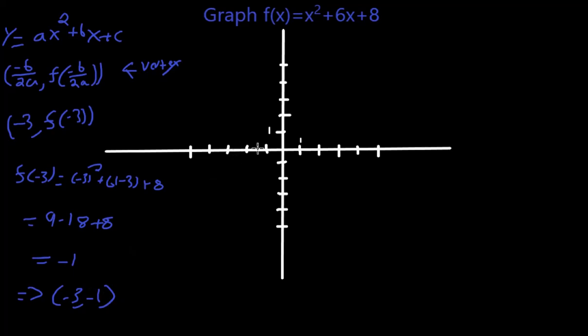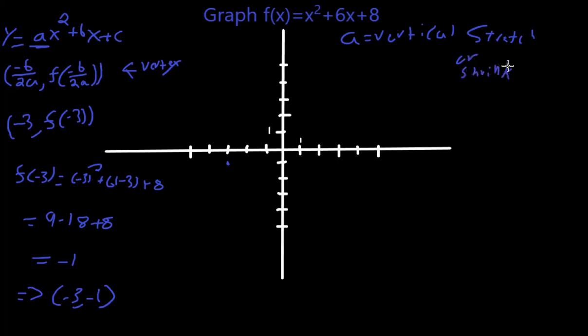So now I'm going to plot that point. Negative 3, negative 1 is right here. Alright, so now I'm going to make a graph, and we're going to just do a couple points. So in this form of an equation, a is the vertical stretch or shrink.